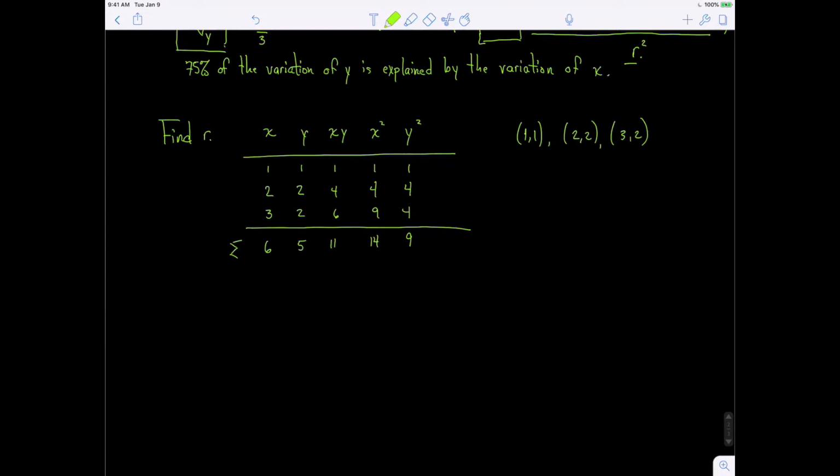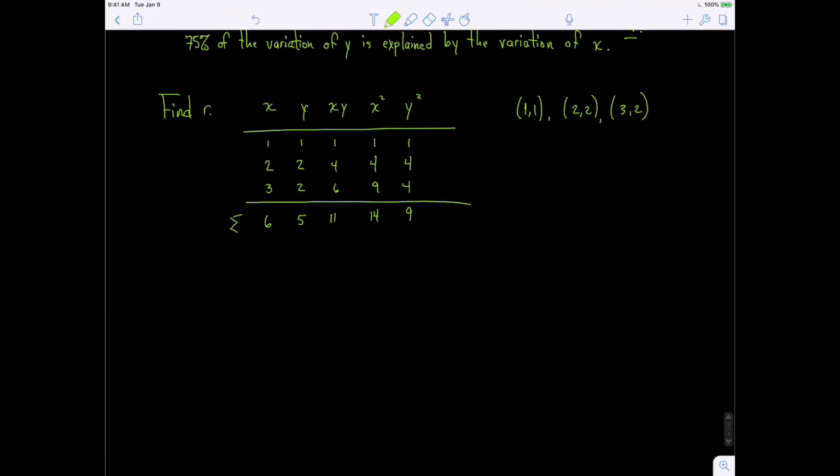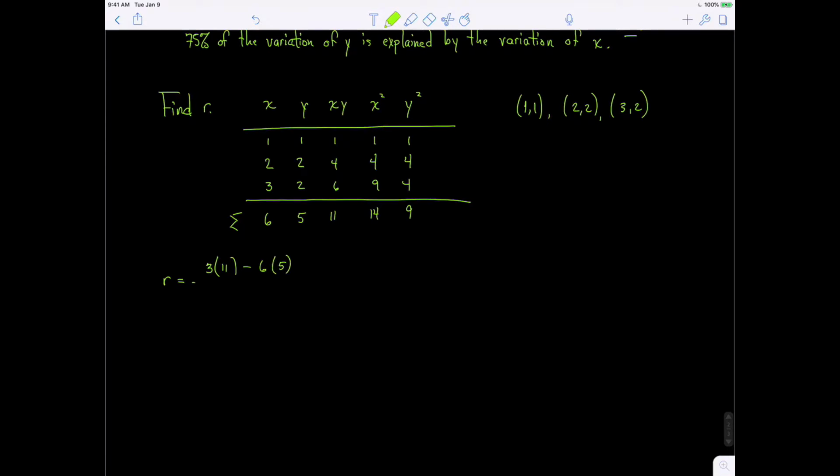So here we go, let's find r. r was this big formula. You take the number of data, that's 3, times the sum of the products, 11, minus the sum of the x's times the sum of the y's. And you divide it by a big square root.